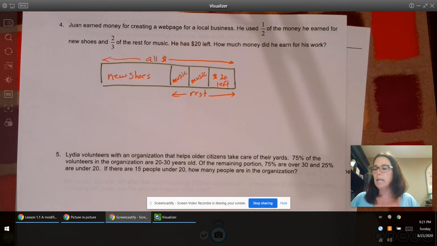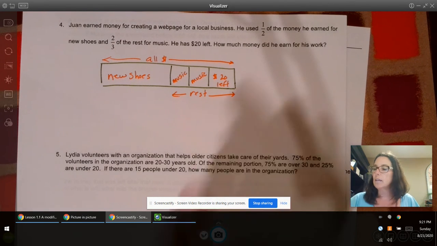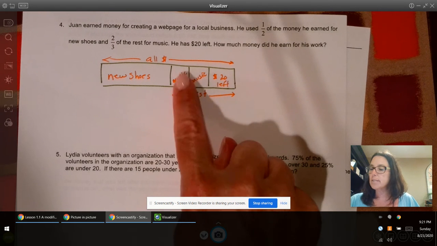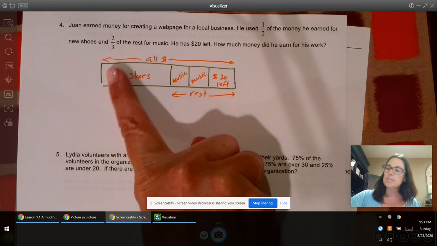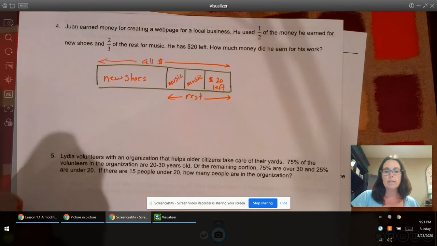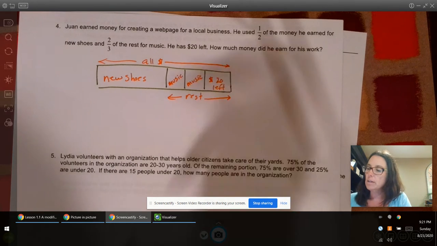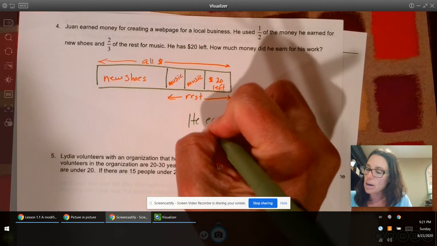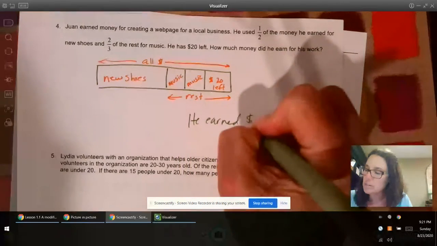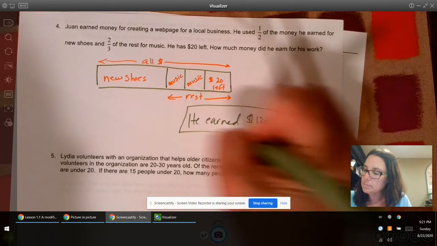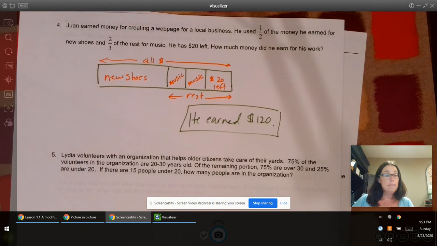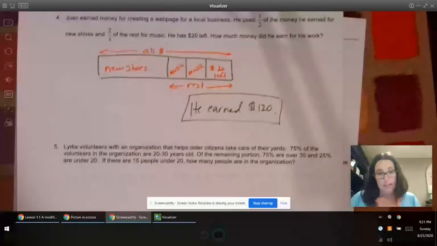And then how much money altogether? 20 makes 60 for half. The other 60 would be 120. Okay, so he earned 120. Okay, that one got much, much tougher. All right, as does this one.